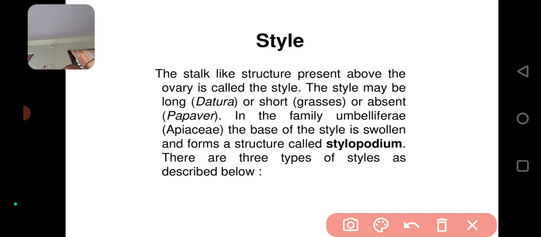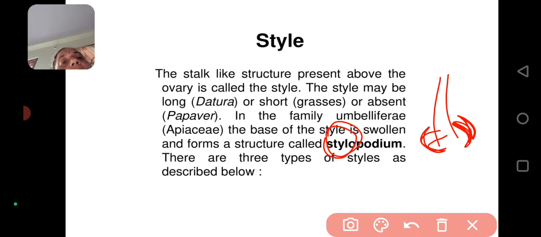This is the base of the style, swollen like this. Because it is formed from the style, it is named stylopodium.